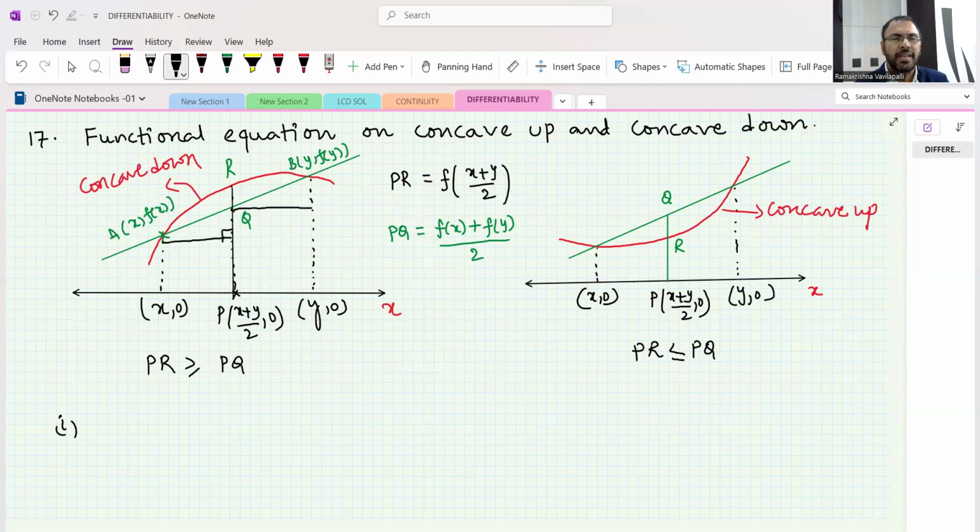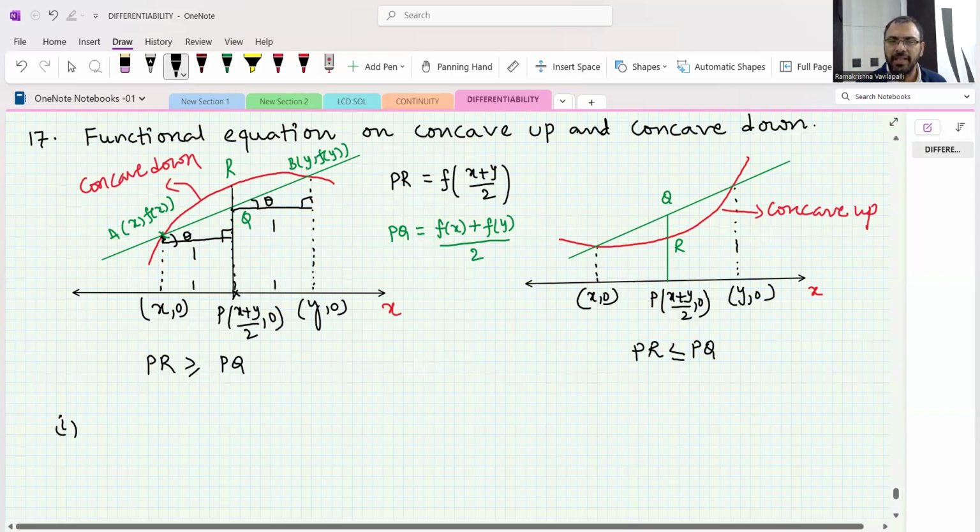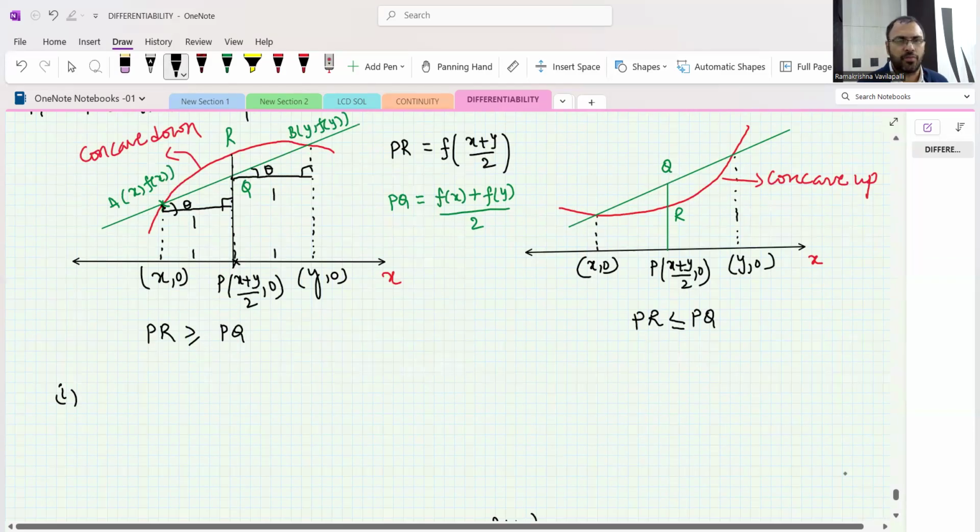Anyway, this is the midpoint, and these are similar triangles, so apply the similar triangles concept. In a separate video, I will explain that proof. Now you see that PR is greater than or equal to PQ.